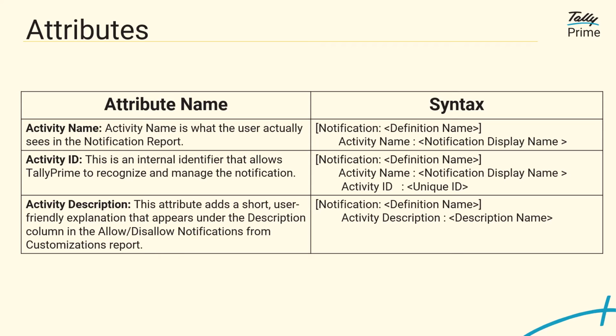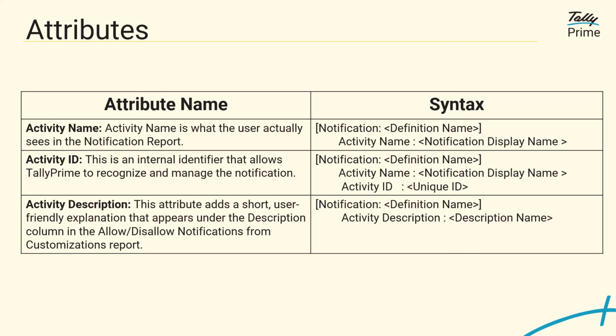You might wonder why both are needed. While the activity name is visible to users, the activity ID connects the notification to specific logic, such as handler functions or conditional checks. Next comes the activity description.